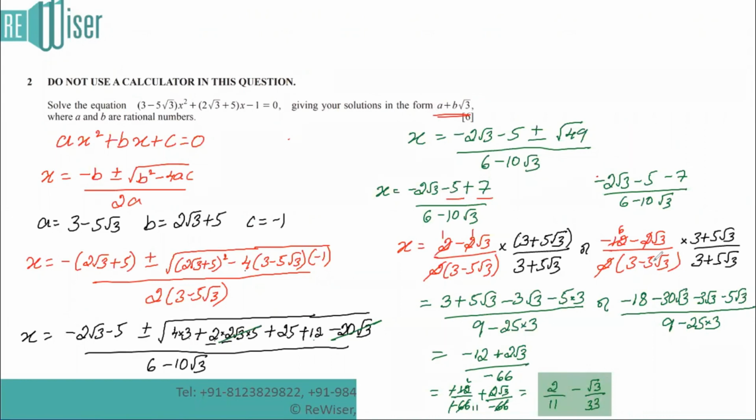So the other possible answer, we can get it from here. It's going to be minus 18. Oh, this one has to be: minus root 3 times 5 into root 3 has to be minus 5 times root 3 times root 3, which is 3, which is 15. So that's going to be minus 18, then minus 15. So that's going to be minus 33. Then here too, I have minus 33 into root 3.